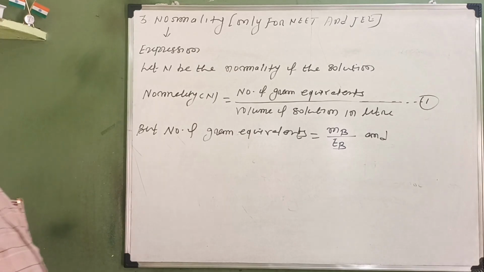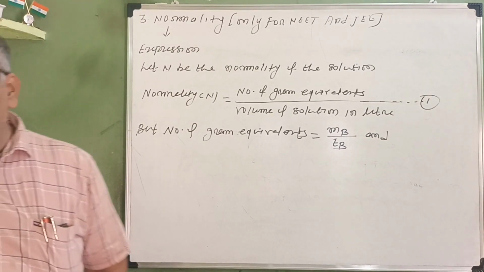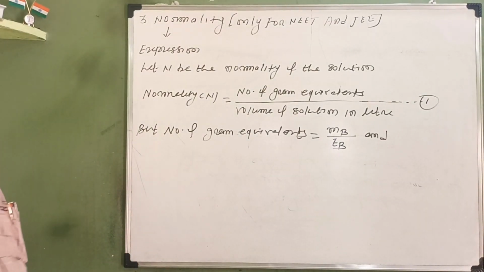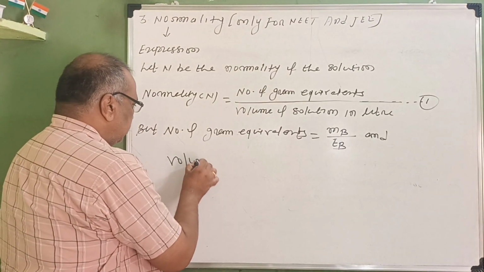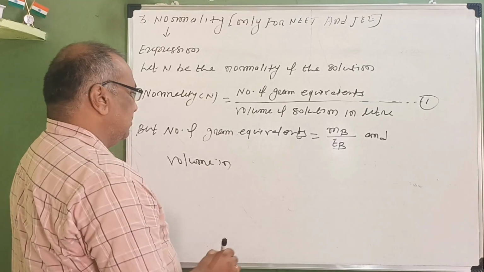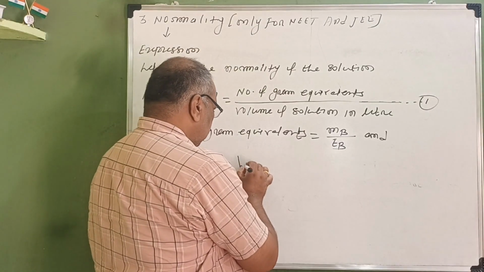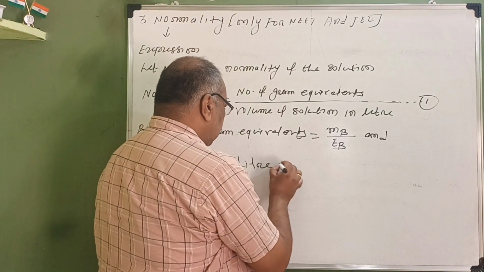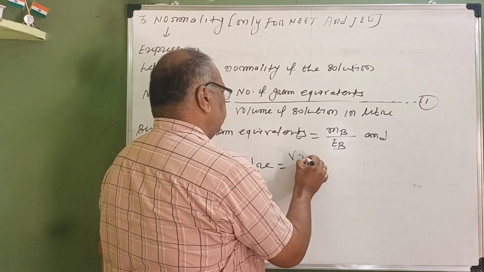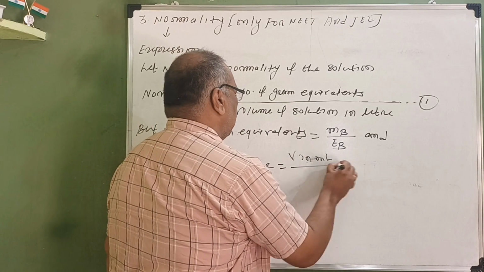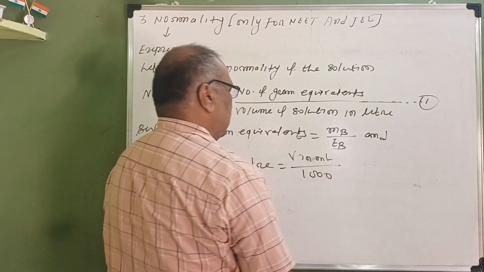And volume of solution in liter, that means volume in liter equal to V in ml upon 1000.